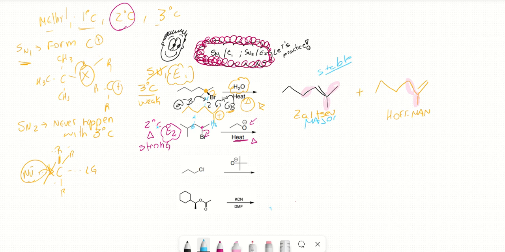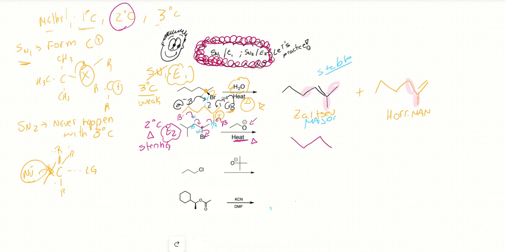The beta carbon is the neighbor of the carbon carrying the halide group, the alpha carbon. The base can attack over here or over here, and this proton will leave behind the electrons. Let me draw again.